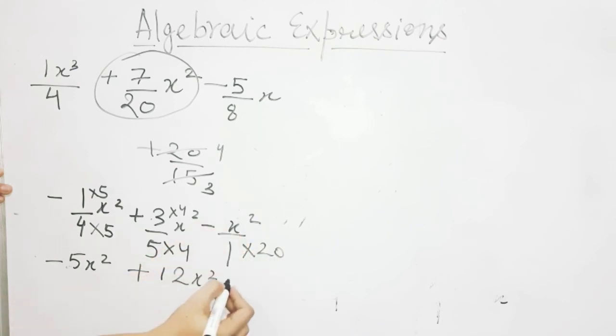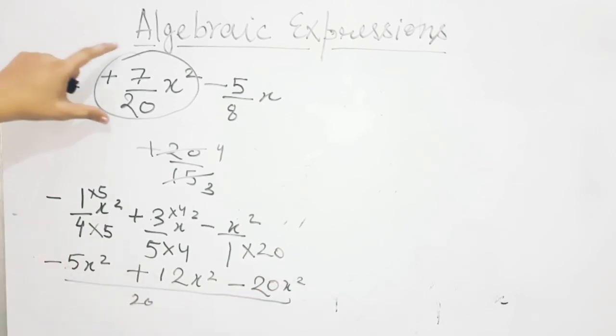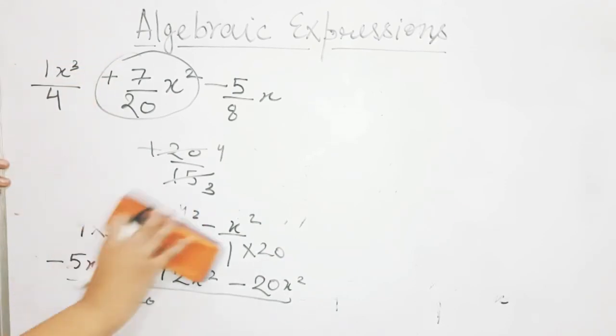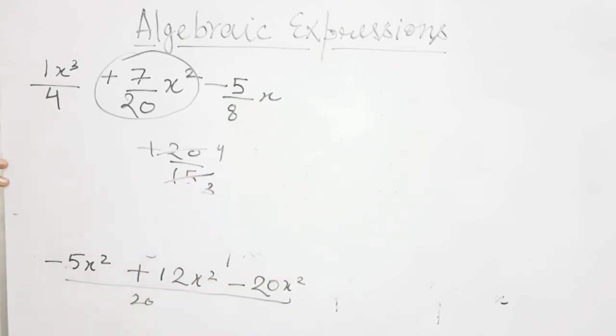So same goes with the numerator. So here it will be minus 20x square upon 20. This was the coefficient part of which the answer was wrong, so I am correcting it for you. Okay students, now minus 5x square plus 12x square minus 20x square. So minus 5 plus 12, plus minus minus and sign of the greatest number.